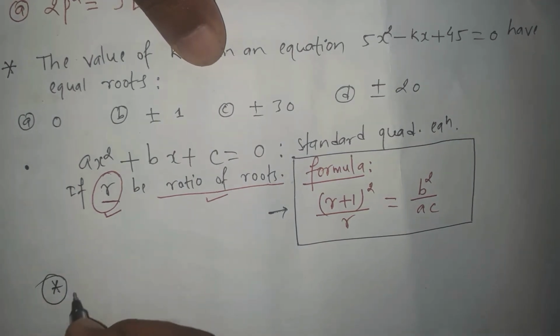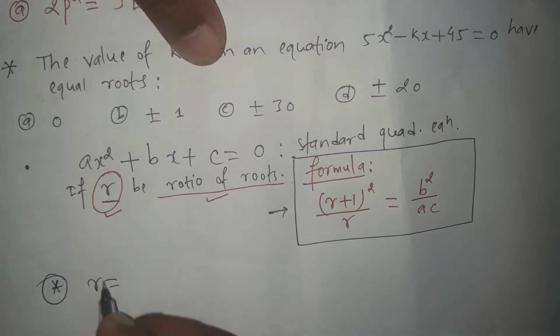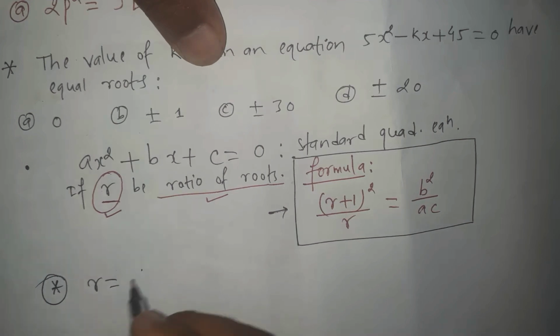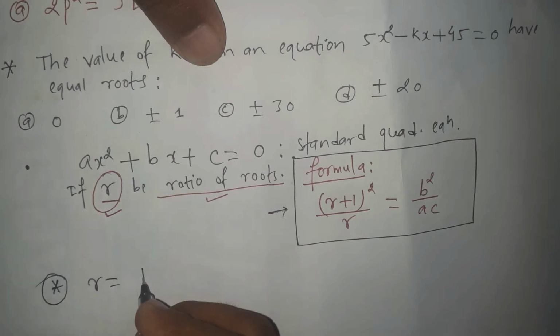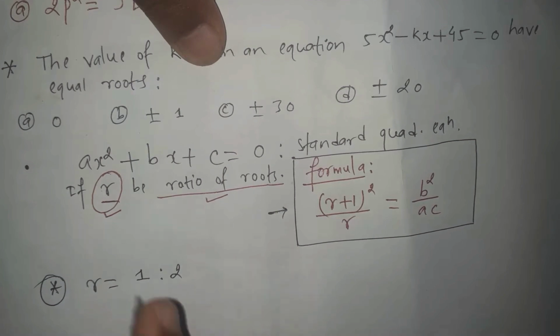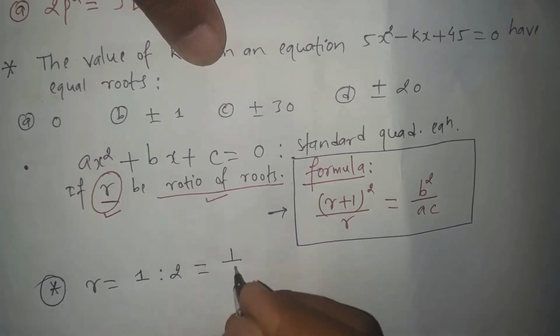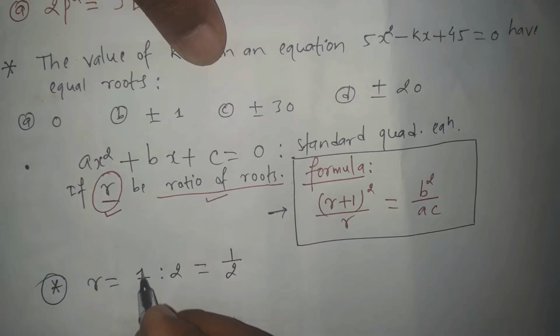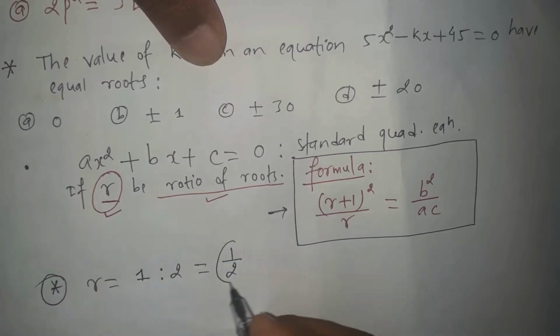If one root is twice the other, then the ratio r will be 1:2, or we can say 1/2. The value of r will be 1/2.